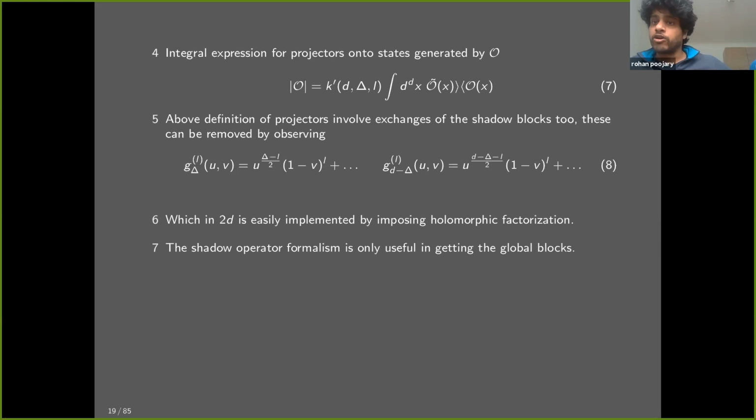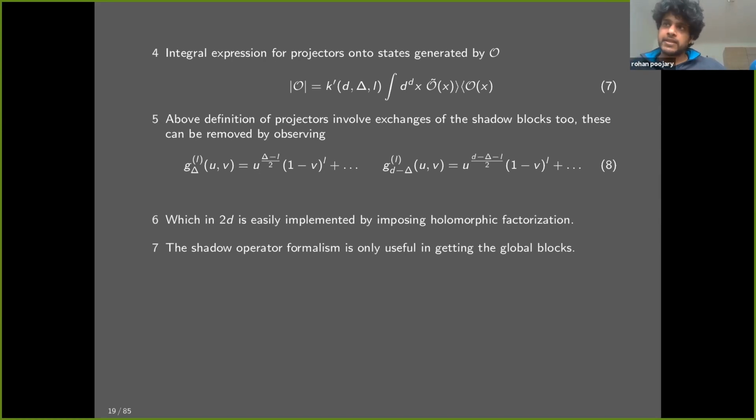So okay, the shadow operator formalism, as I said, is useful in getting global conformal blocks, the word which is always used when you're working in 2 dimensions. In 2 dimensions, you can generate states from the Virasoro descendants also, the full Virasoro, not just the global part. Till now, I've been talking about D dimensions.